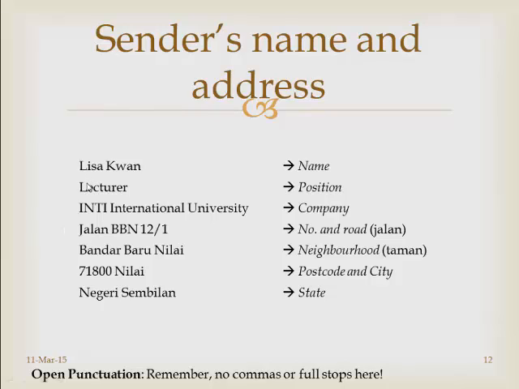You have your name, you have your position, notice no commas, your company, for example, Inti International University, Jalan BBN 12/1. Notice it's the number, if you have it, and the road in this line. The next line should be your neighborhood or the taman, followed by the postcode first, then the city, and finally the state. If you're missing any one of these, then your address is incomplete. So please be careful.